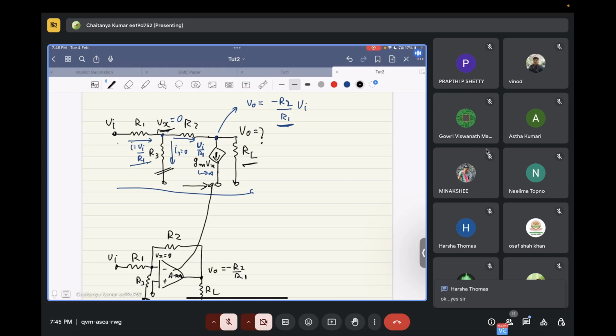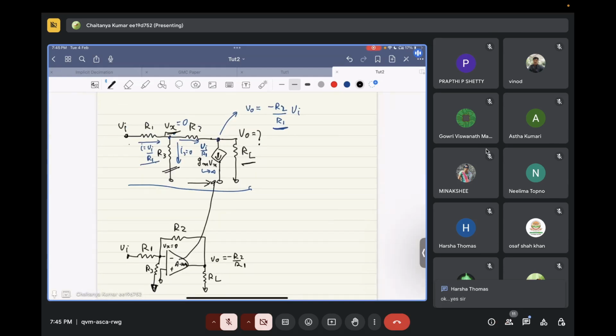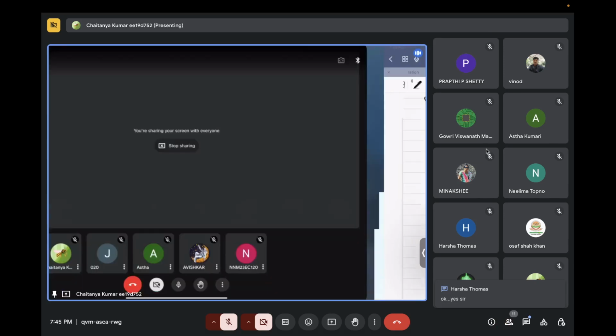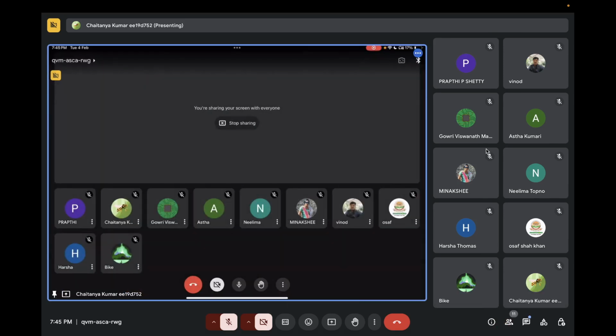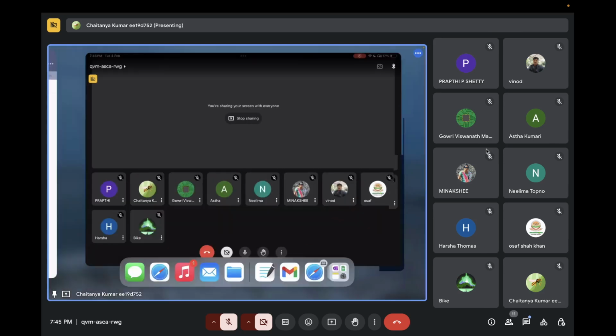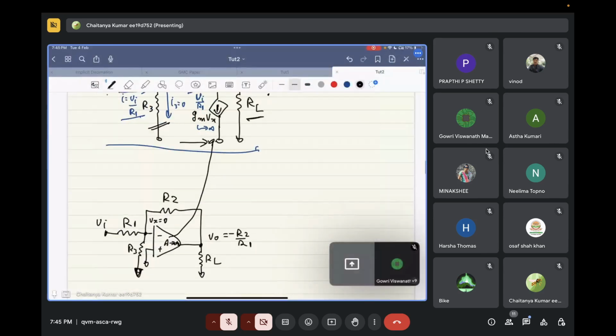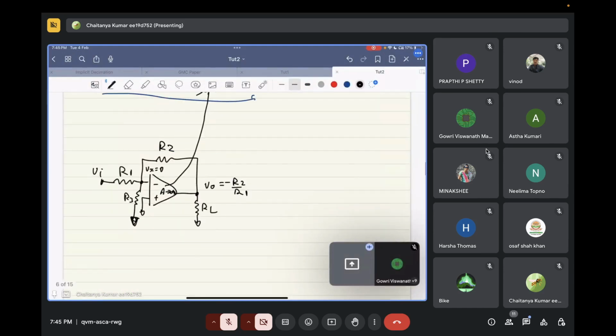Okay. So the concept is, in this circuit, let's call this circuit 1. In circuit 1, it's clear that there is a negative feedback, right?